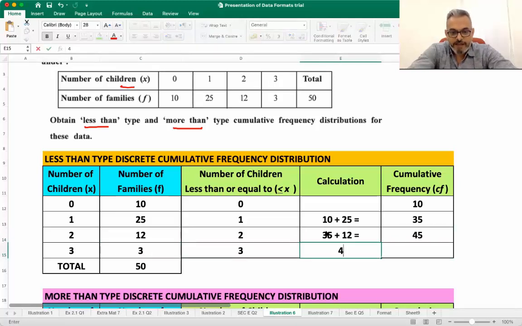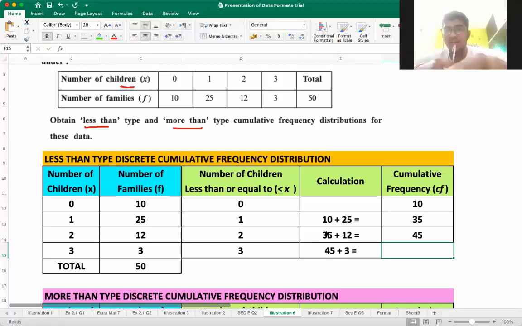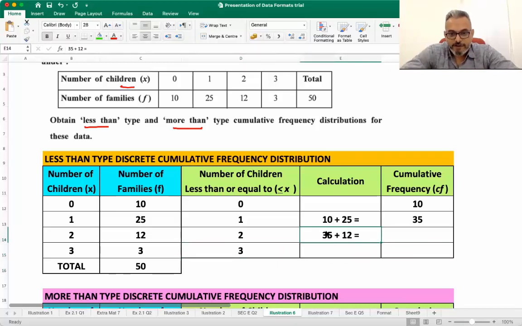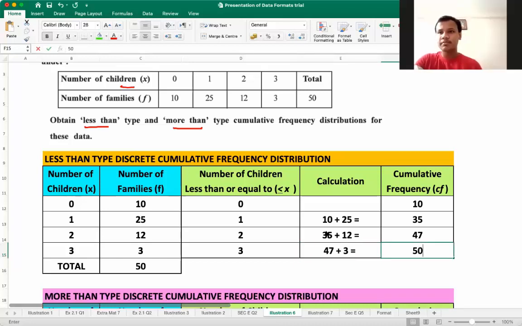Sorry, 35 plus 12, 47. And then 47 plus 3, equal to 50.